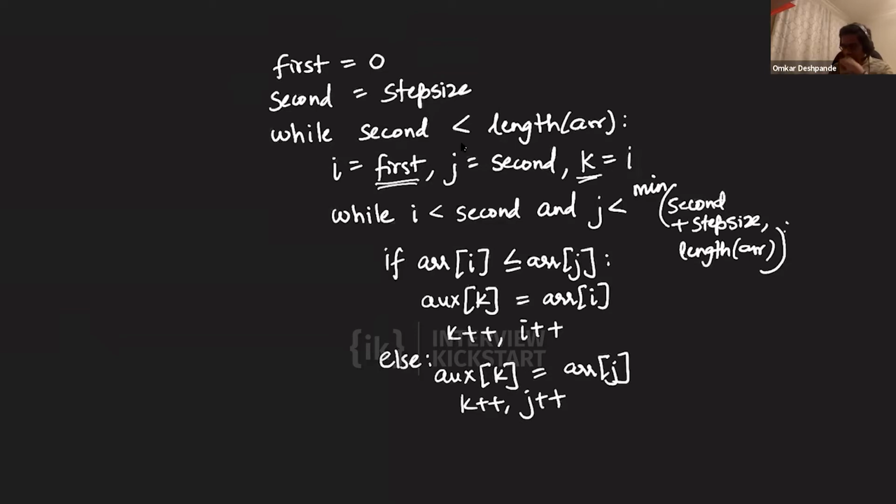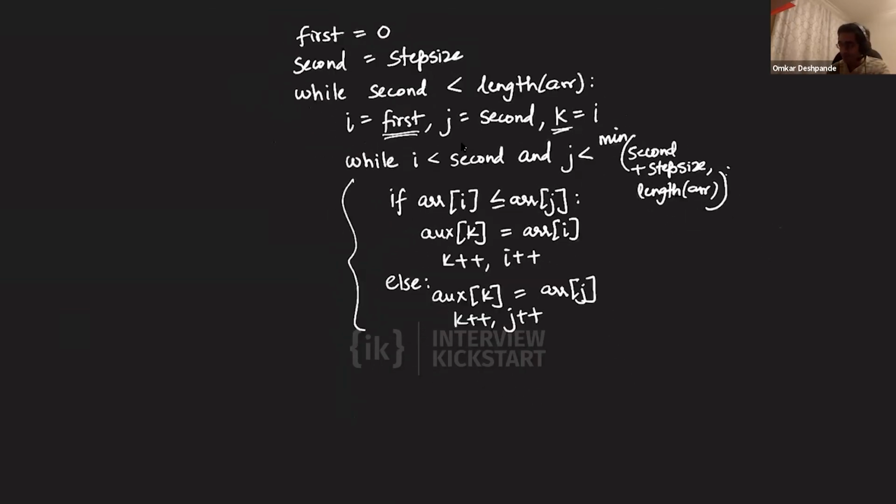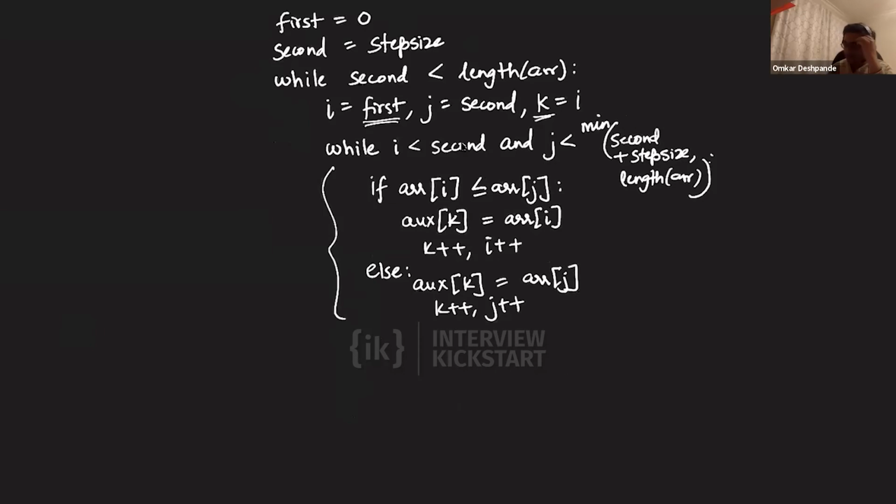So that's what we do as long as both pointers are pointing within their respective subarrays. Now, maybe one of the pointers jumps off its respective subarray, in which case we have the gather phase. We have the gather phase where we essentially have the same condition.